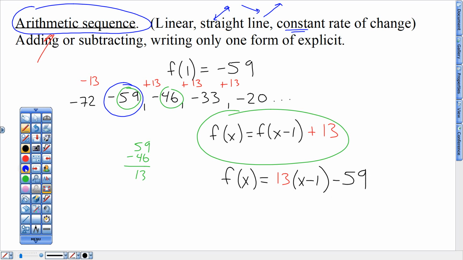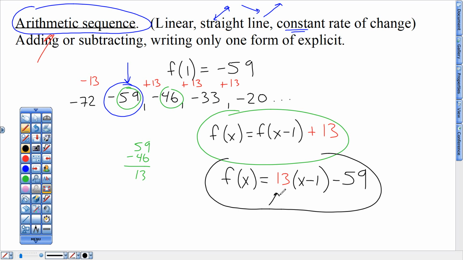That's where I got that negative 59. That is the first term right there. I would be doing it that way, not looking at the zero term. Please, some of you heed my advice. That negative 59 is good to go. Positive 13, not negative 13.